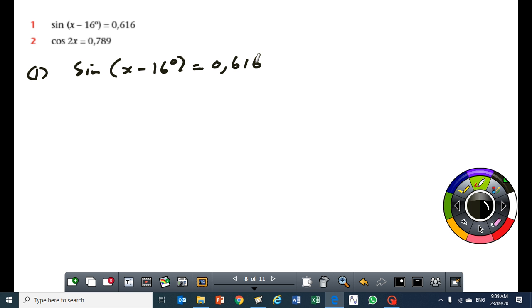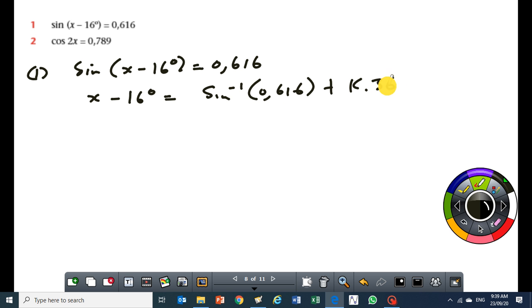So the next step will be to say x minus 16 degrees. This is a grade 10 trig equation. It will be arc sin of 0.616 plus k times 360 degrees, where k is an element of z. What is arc sin of 0.616?